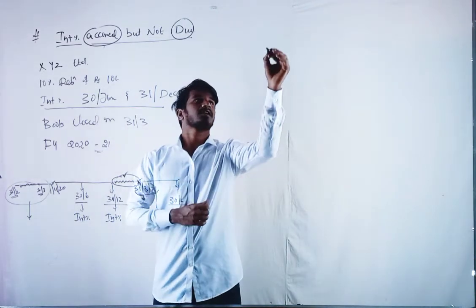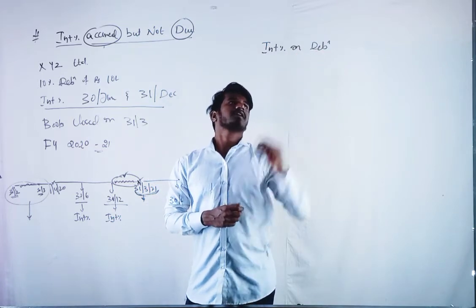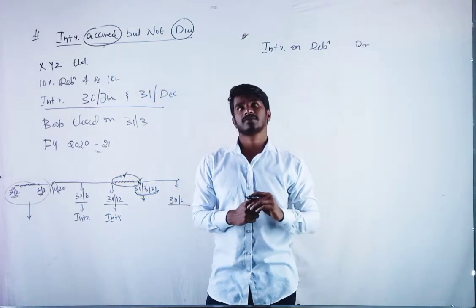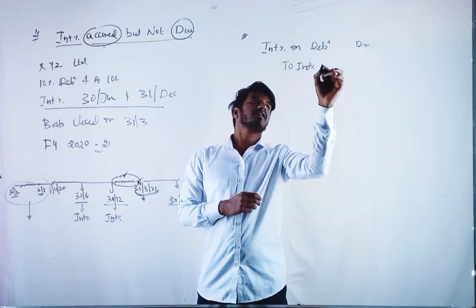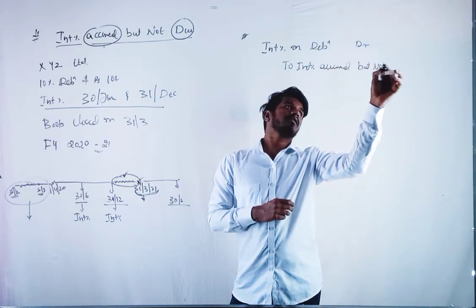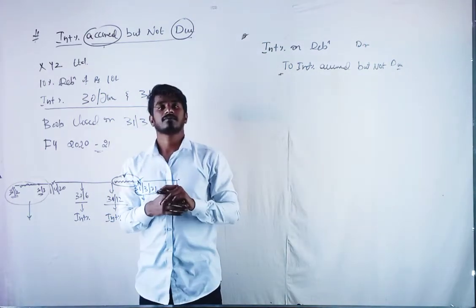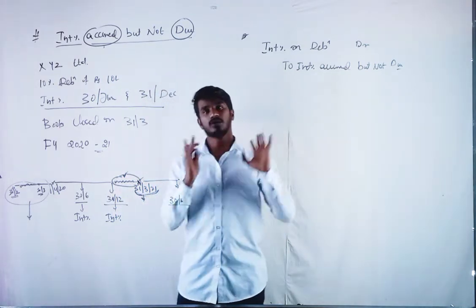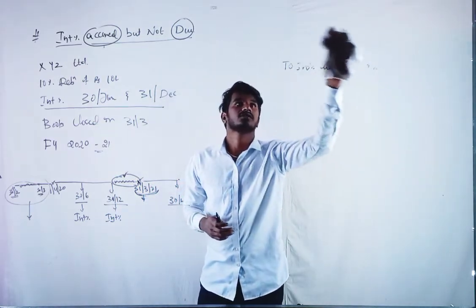Interest on debenture, is that our expense? Obviously it is an expense. Debit. Two, interest accrued but not due. Why are we crediting? It is our liability. It is creating a liability for the next year. That will be your entry. Let us solve the question.